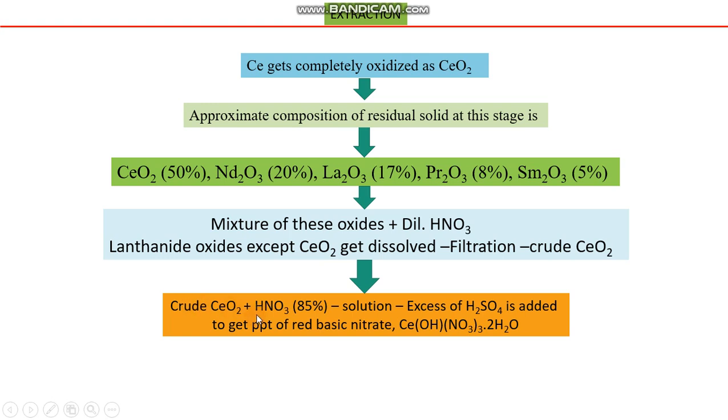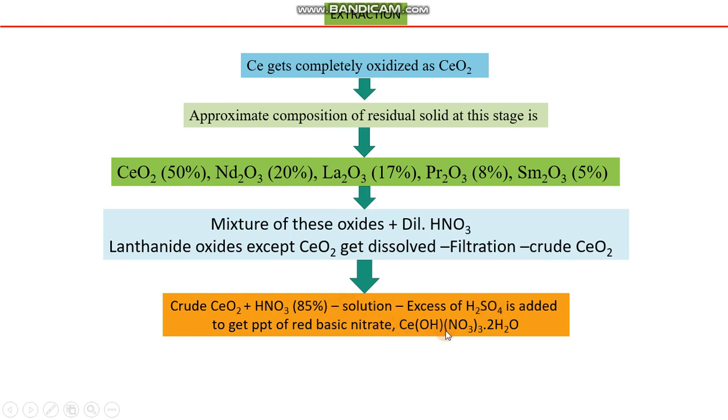This crude cerium oxide, if it is treated with 85% nitric acid, which is far stronger than the dilute nitric acid, then in the presence of this strong nitric acid, cerium oxide gets dissolved and a solution can be obtained. Upon treatment with excess of H2SO4, the precipitates of red basic nitrates of cerium can be obtained. What is the purpose of addition of this sulfuric acid?